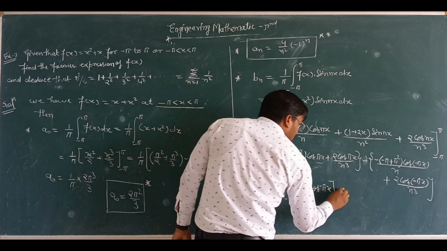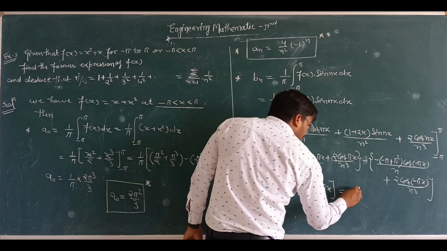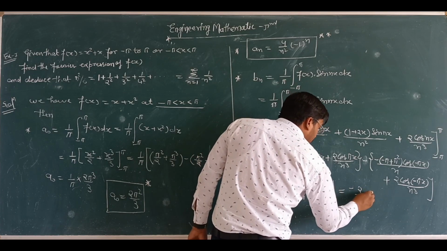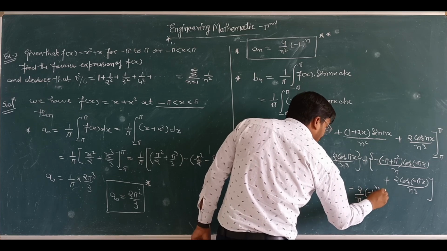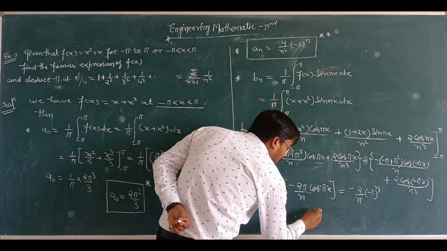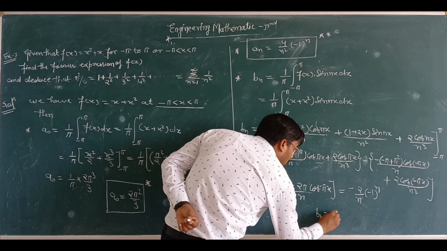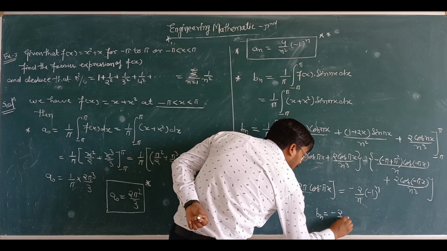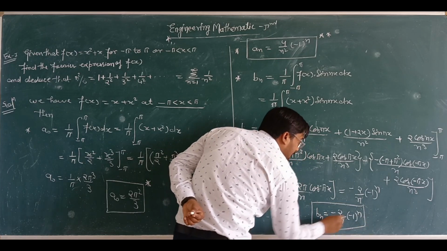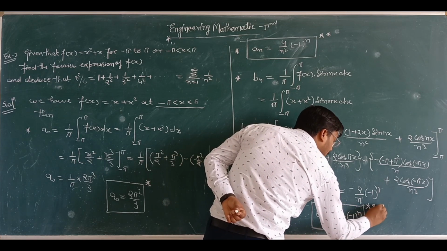Now you can write minus 2 upon n, minus 1 to the power n. This is the value of Bn. You can write Bn is equal to minus 2 upon n, minus 1 to the power n. This is the value of Bn.